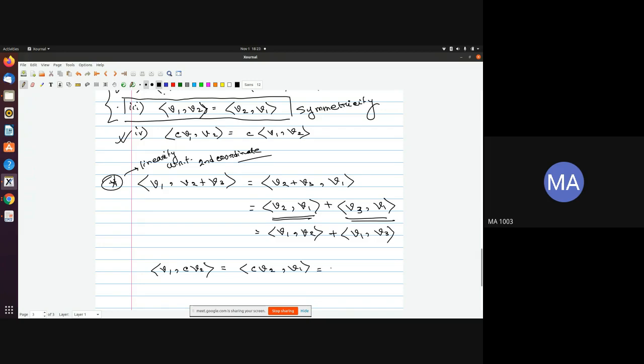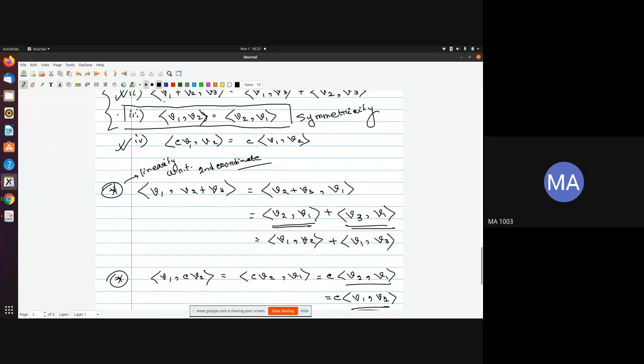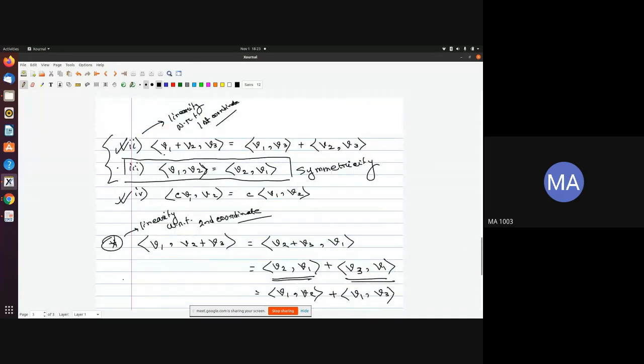Then I can take C outside: C times V2 comma V1, and I can revert it back. So I am getting C times V1 comma V2. So this is also true with respect to the second coordinate. So symmetricity gives us the linearity with respect to the second coordinate, and scalar multiplication is also respected with respect to the second coordinate using symmetricity.